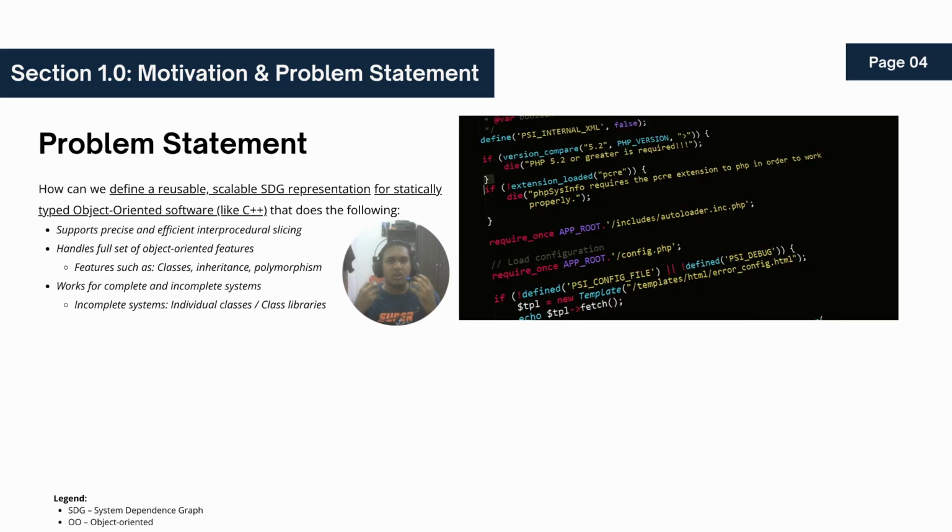Now, given all the challenges I previously stated, the problem can be stated simply as follows. How can we define a reusable, scalable system dependence graph representation for statically typed object-oriented software such as C++ that supports precise and efficient interprocedural slicing, handles the full set of object-oriented features like classes, inheritance, polymorphism, and encapsulation, and works for both complete applications and incomplete systems such as individual classes or class libraries?